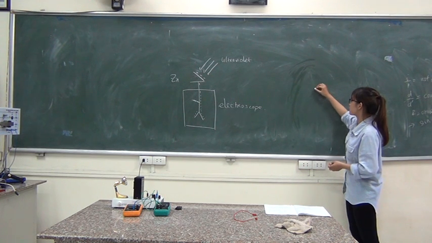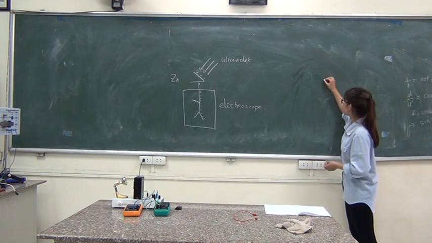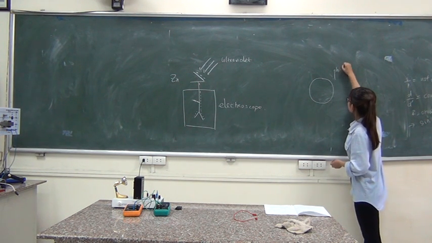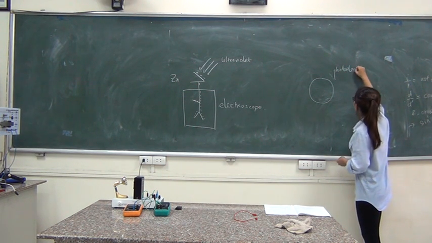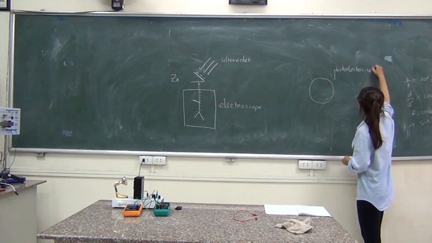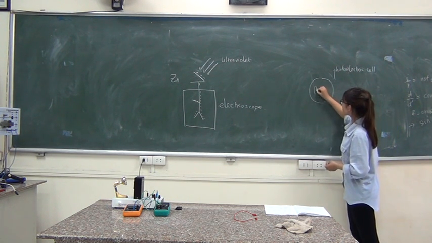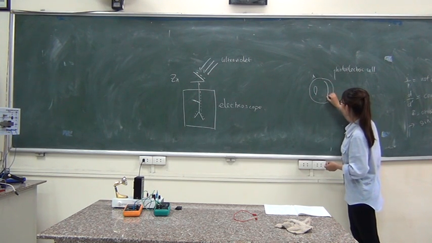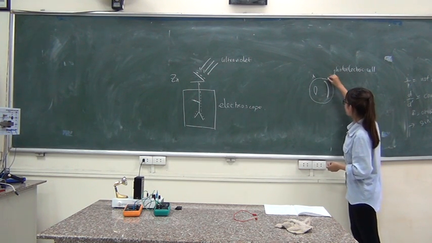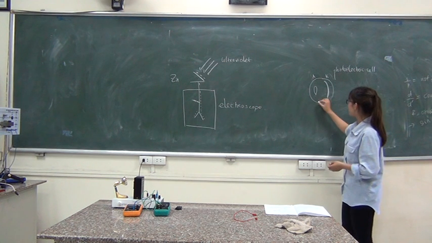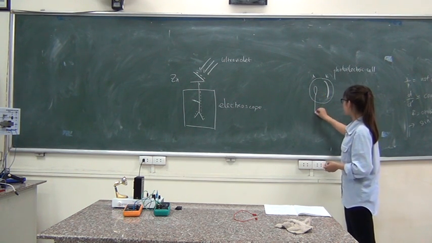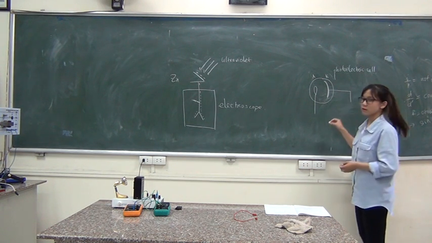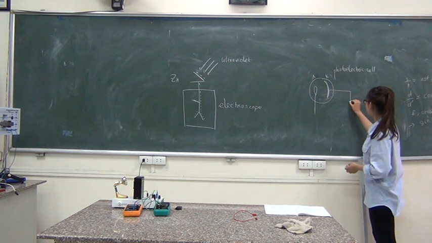The components of the experiments consist of photoelectric cells. Which components? An anode, which is a ring, and a cathode, which is a piece of metal. These two components are linked with a circuit like this.